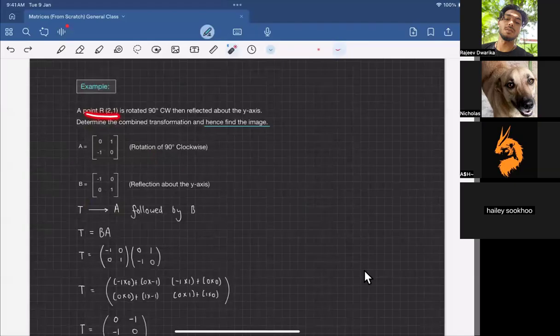So you have a point here. How many things are we doing with it, according to this question? Two things. You're rotating it 90 degrees, and then you're reflecting it. Understand? So that's two things.